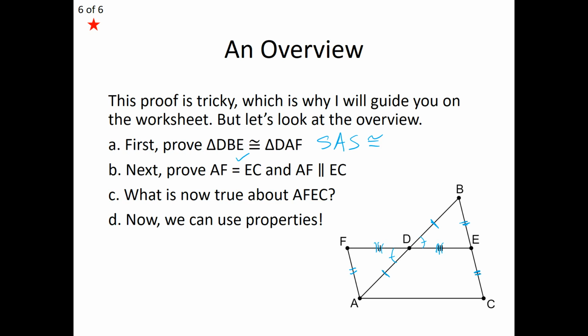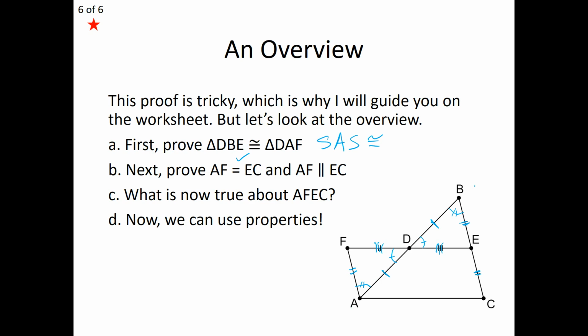But how do we show then that AF is parallel to EC? This is a little bit trickier one to see. Go back to our congruent triangles. There's actually a pair of angles that we know to be equal. Take a look at angle DAF and angle DBE. Those angles we can prove to be equal by CPCTC. But they have another relationship. Those are alternate interior angles.